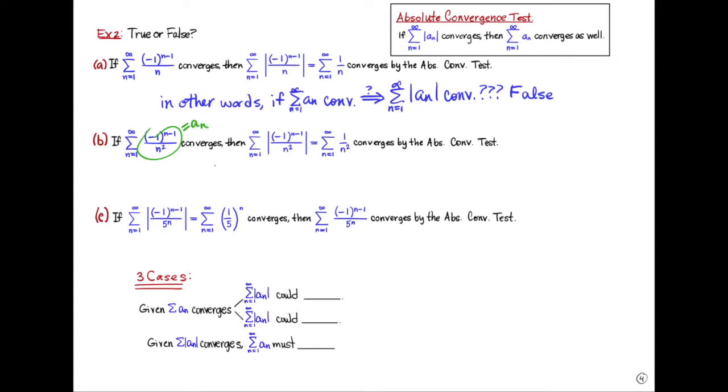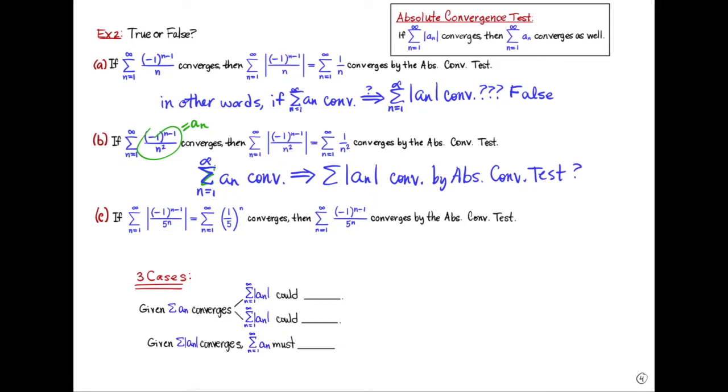While it is true that both of these series converge, the overall statement is false because knowing that the series of a sub n converges does not mean that we can say the series of the absolute value of the terms a sub n converges by the absolute convergence test. And just like in part A, one does not imply the other, so this statement is also false.